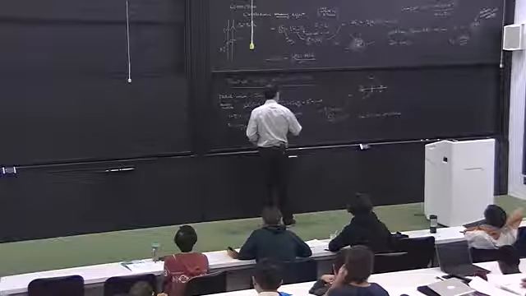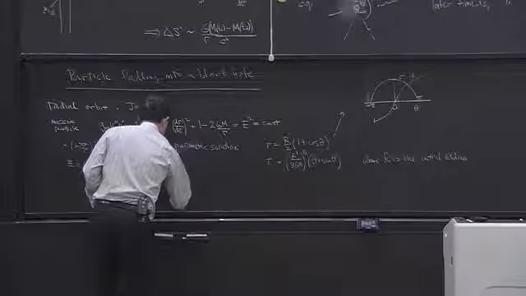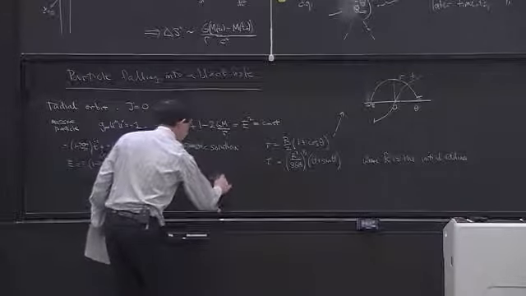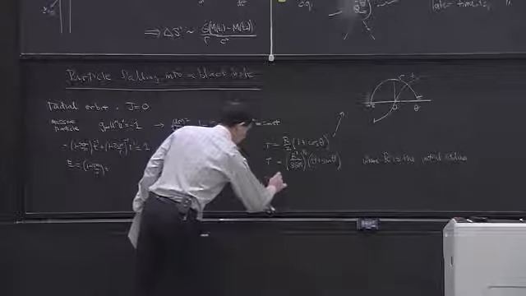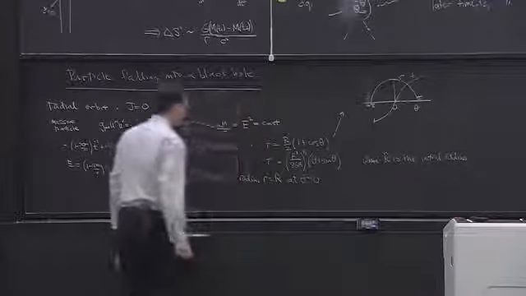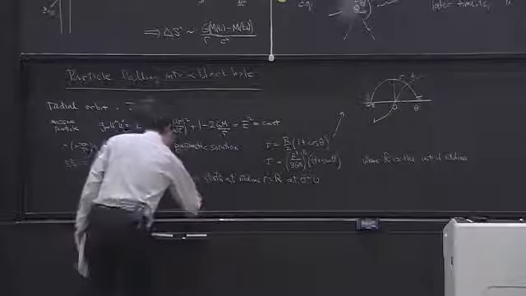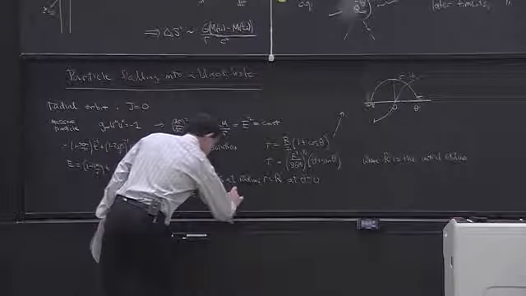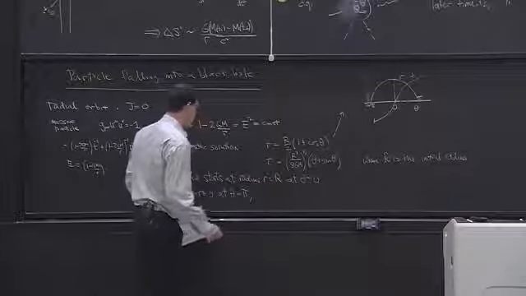And so in particular, if we start off the particle at radius R at theta equals 0, and at what value of theta does it hit 0? So it hits R equals 0 at theta equals pi. And then we can just read off what tau is.